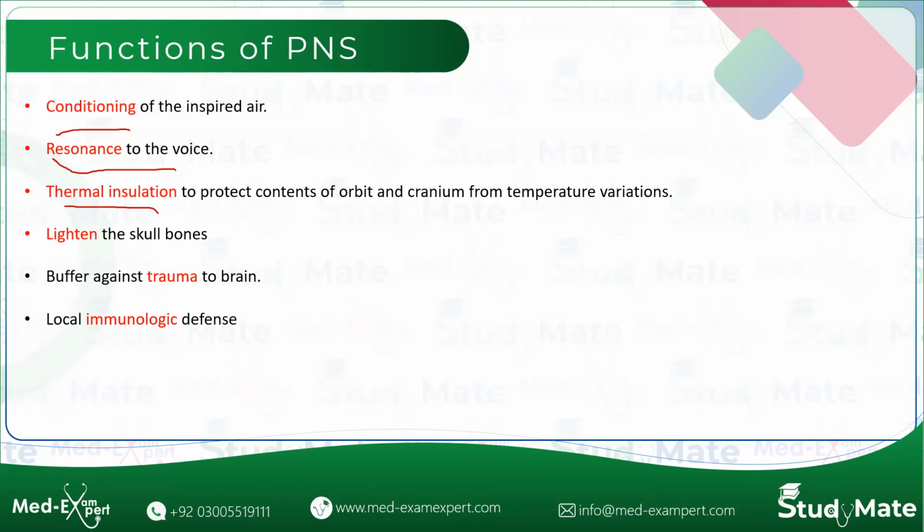Then, as air is lighter than the solid, so they lighten the skull bones. They act as buffer against trauma to brain. And last function is that they act as local immunological defense.